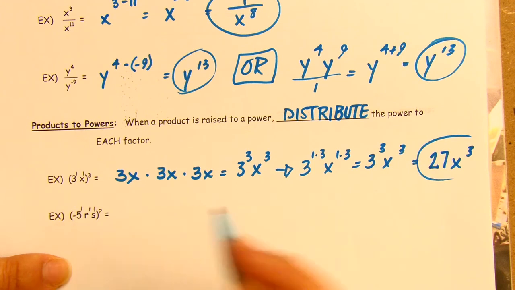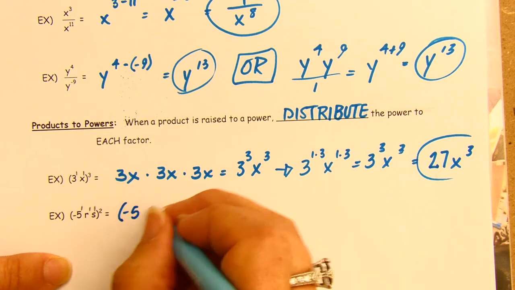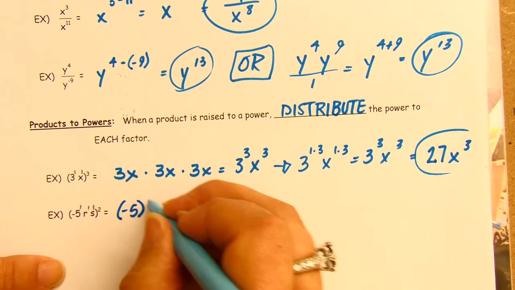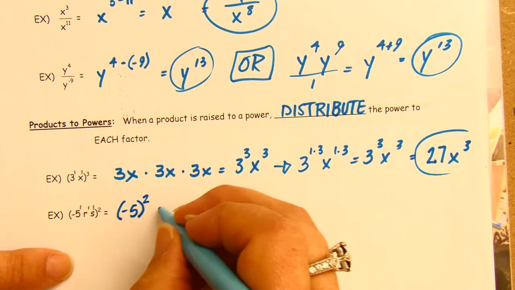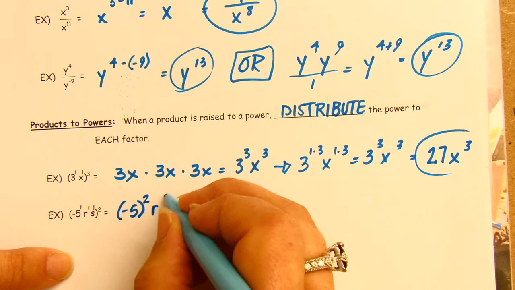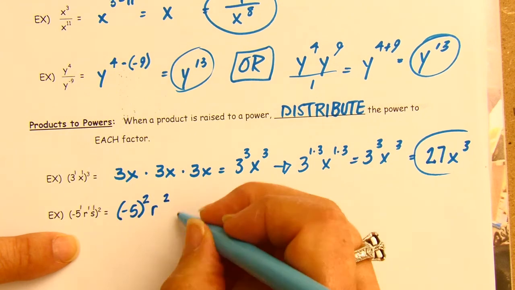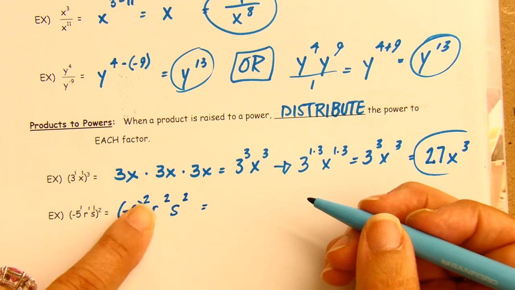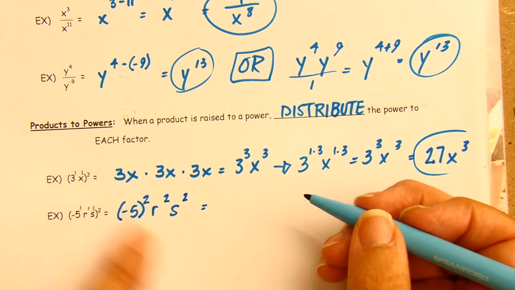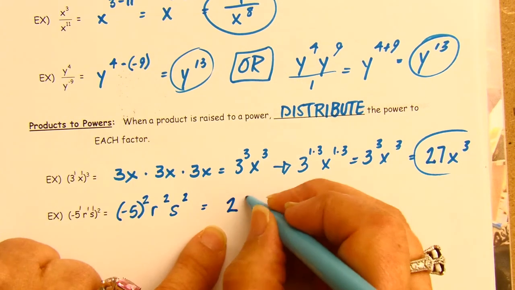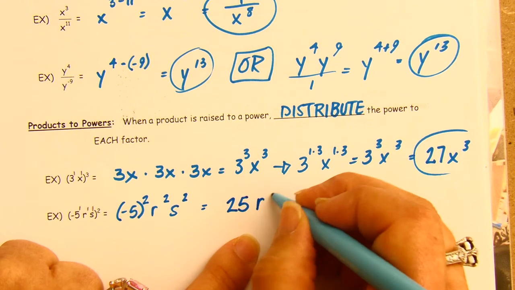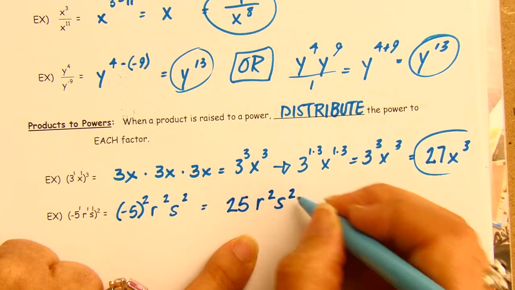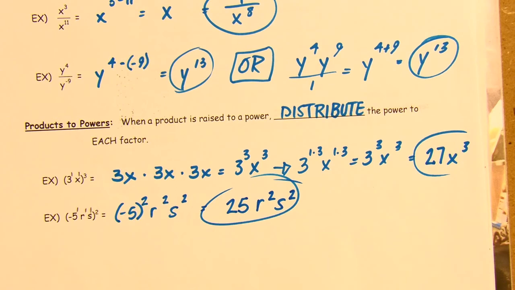This is parenthesis -5 to the 1 times 2 power or square, r to the 1 times 2 power or square, s to the 1 times 2 power or square. Because the negative's inside that I'm squaring, that negative is going to go positive, and so my simplified answer is 25 r squared s squared. Not too bad.